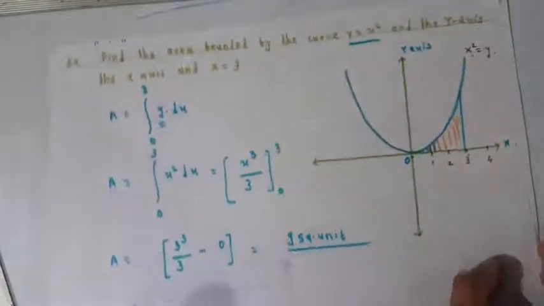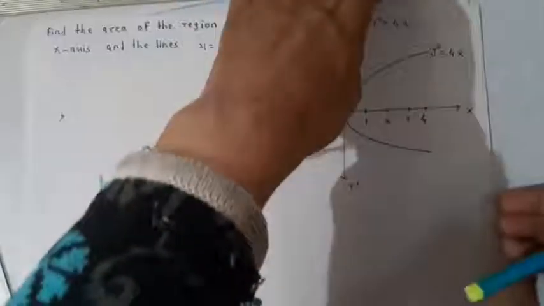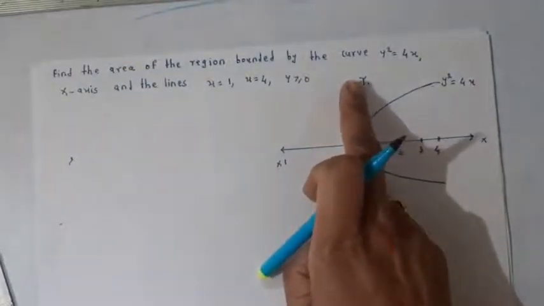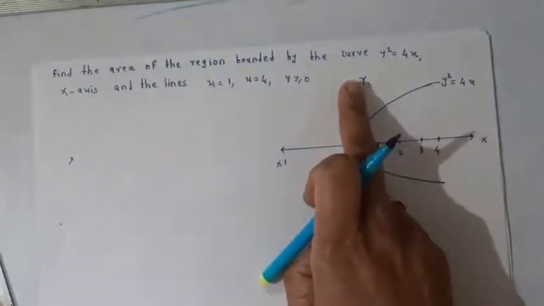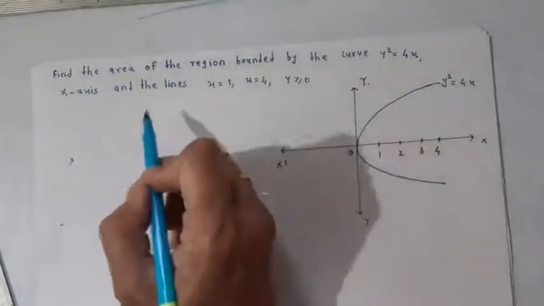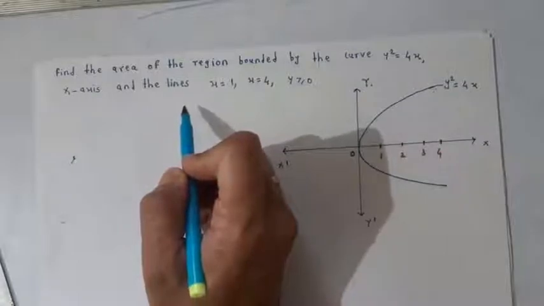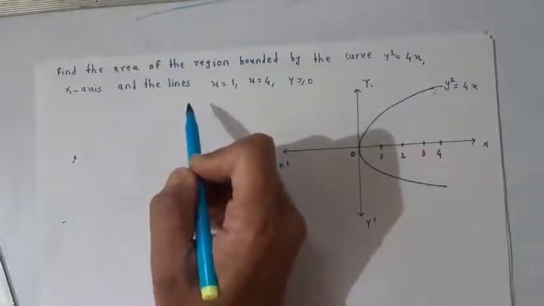Now let us consider another example: find the area of the region bounded by the curve y square equal to 4x, the x-axis and the lines x equal to 1 and x equal to 4.